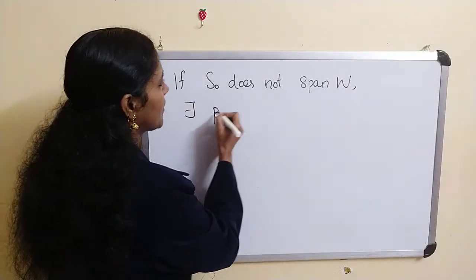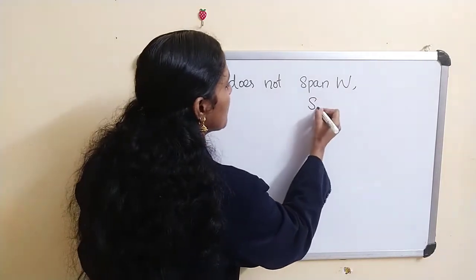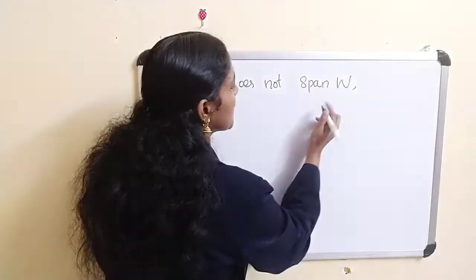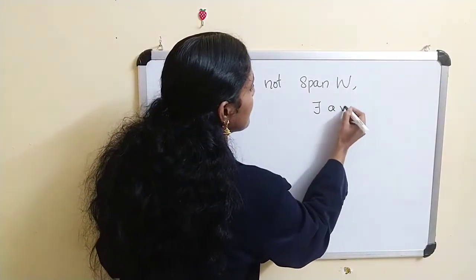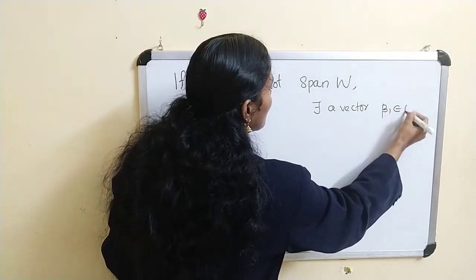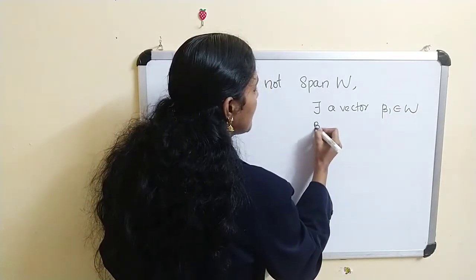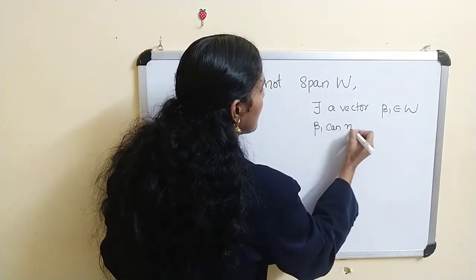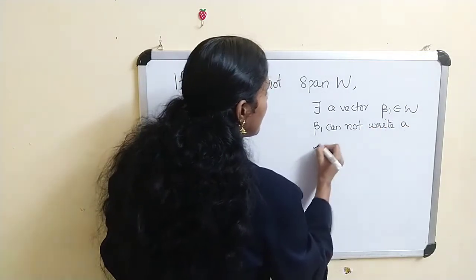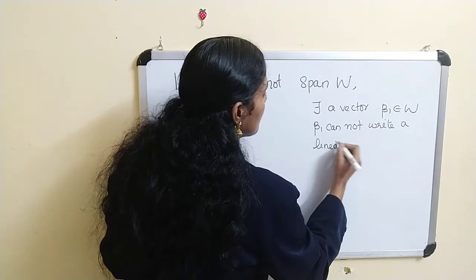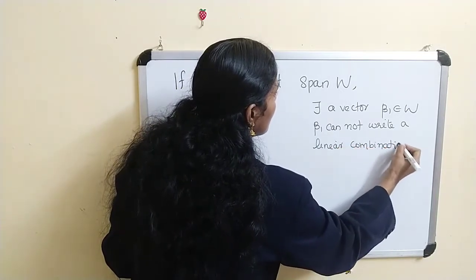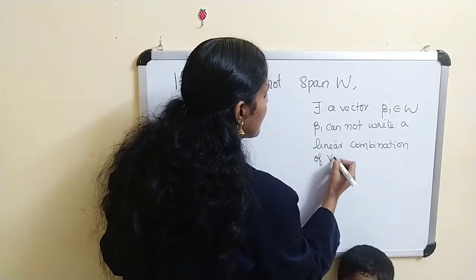If S naught does not span W, it means there exists some vector beta 1 in W that cannot be written as a linear combination of vectors in S0.